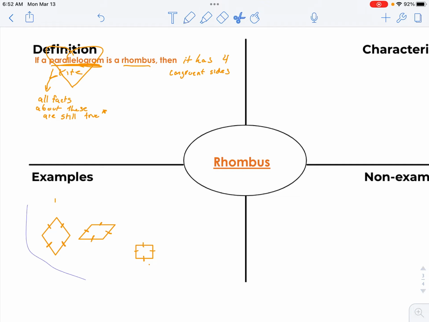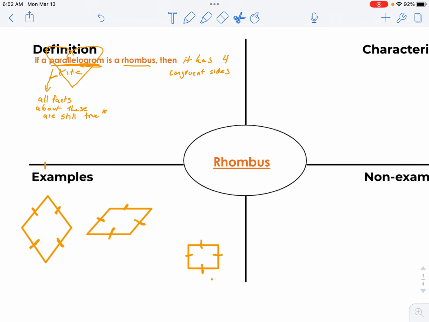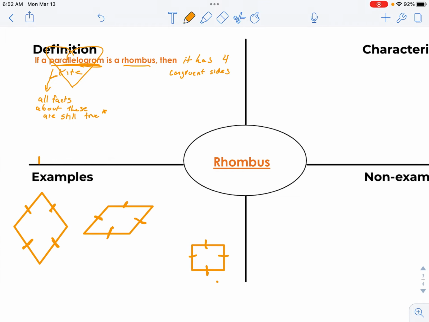Made these shapes kind of small for some reason. Let me make them bigger. All right. And then I'll start throwing in some like, ooh, oh my gosh. Looks like not only are they congruent, but it looks like opposite sides are parallel.